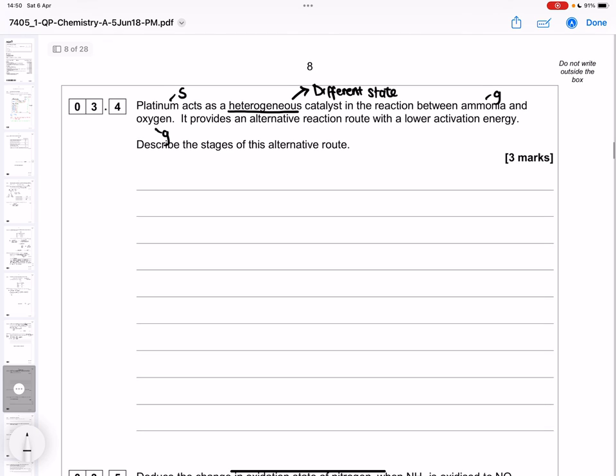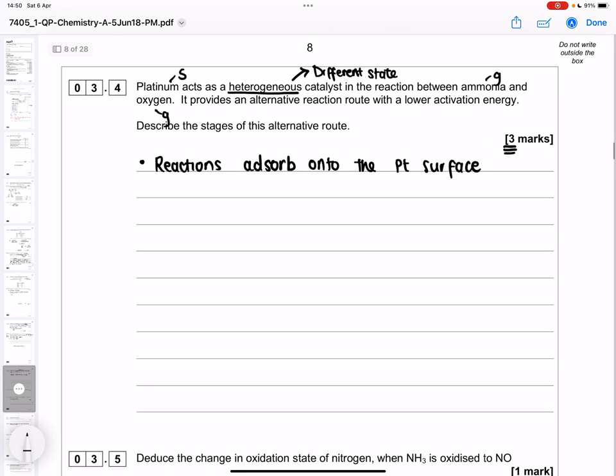So it's asking you to remember those 3 key features of heterogeneous catalysis, which is that the reactants, so this would be the ammonia and the oxygen, adsorb, that means they stick onto the platinum surface, so the solid surface. Bonds in our ammonia and our oxygen weaken, then break.